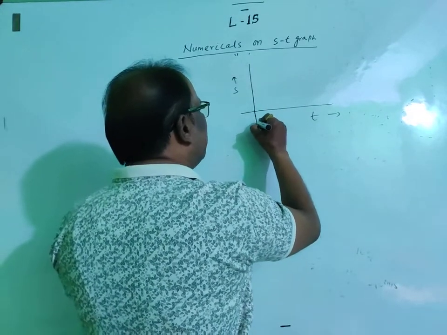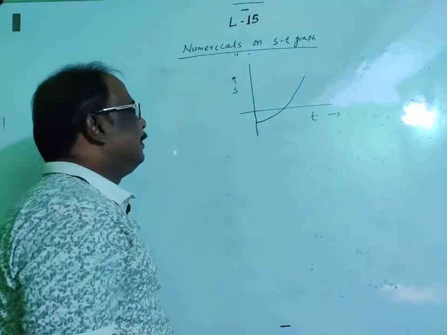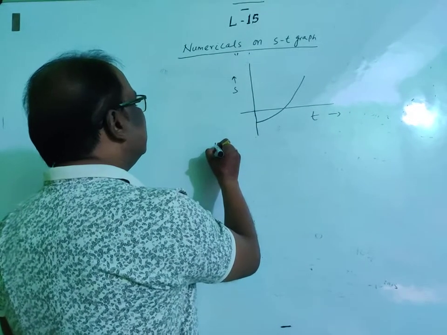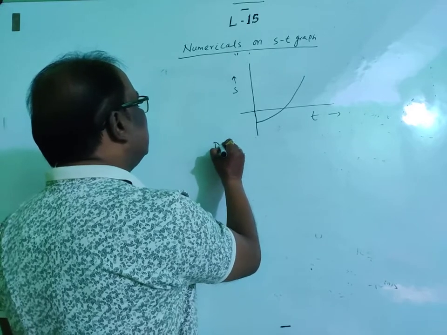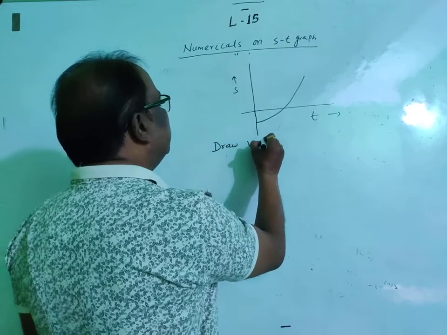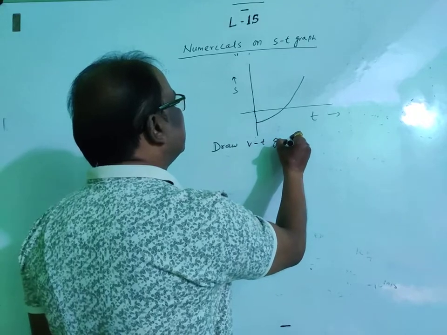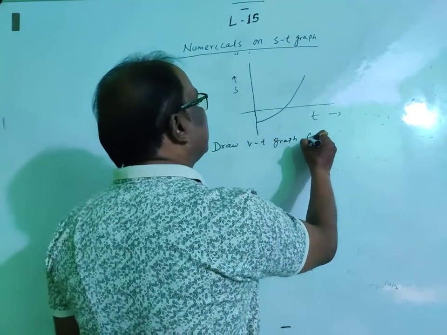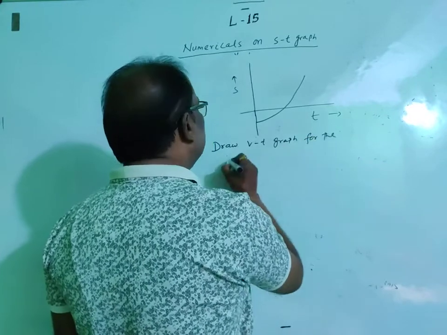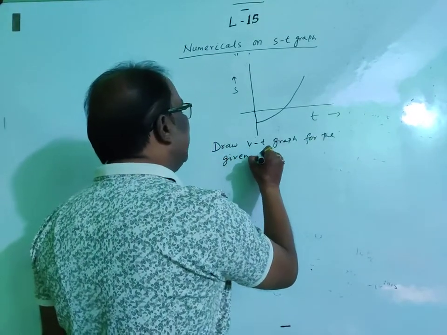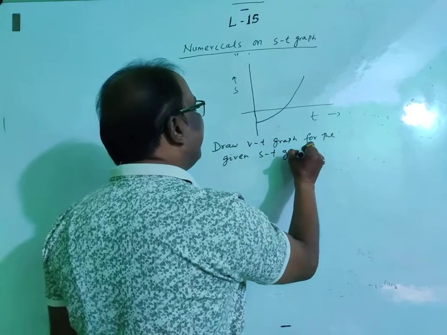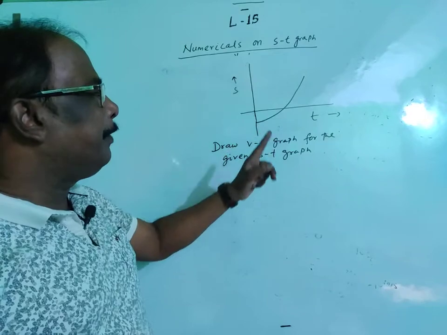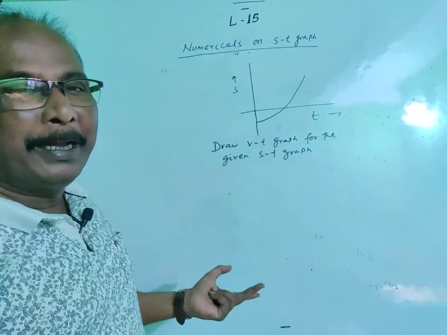Suppose this is the graph, and it is asked to draw the VT graph for the given ST graph. The ST graph is given. From this graph we have to draw the velocity time graph.